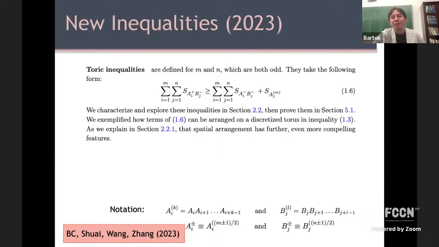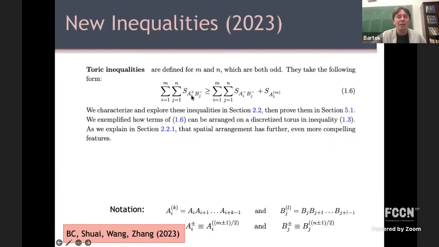Imagine that you have a bunch of regions called A1, A2, A3, and so on, up to AM, and a bunch of regions B1, B2 through BN. These regions together are in a pure state. We have found that under these assumptions, if Ryu-Takayanagi holds, then this inequality is valid.